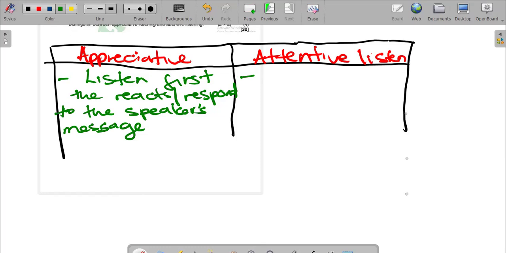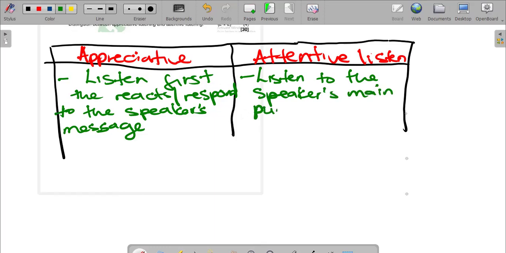You want to listen to the speaker's main purpose. You want to listen to the purpose of the speech, the speaker's main purpose of the communication. All right.